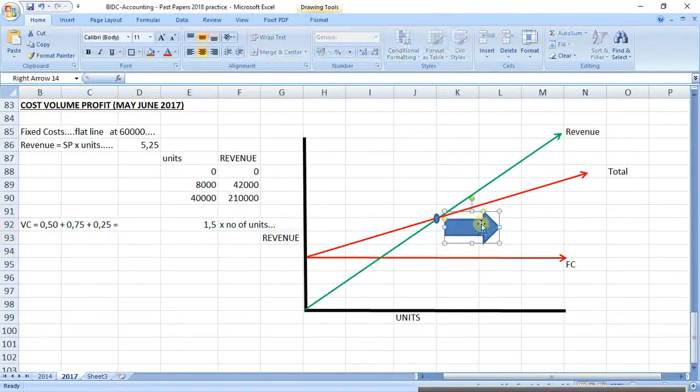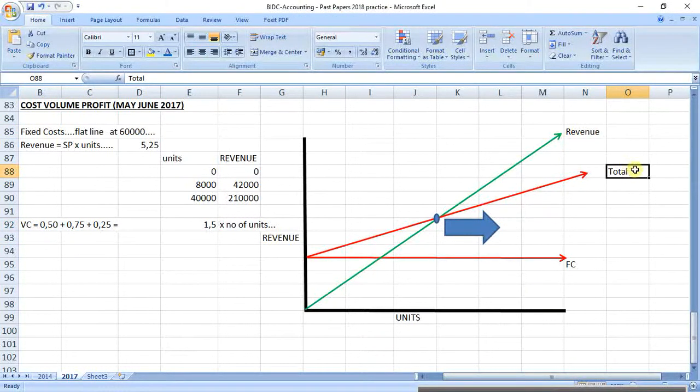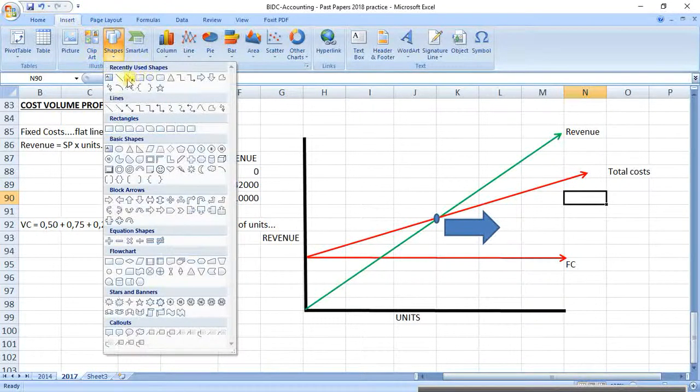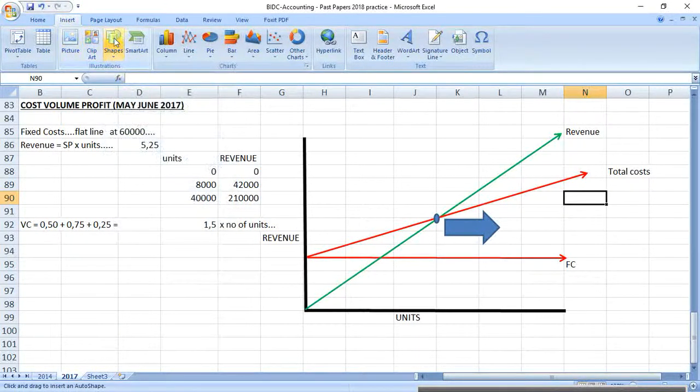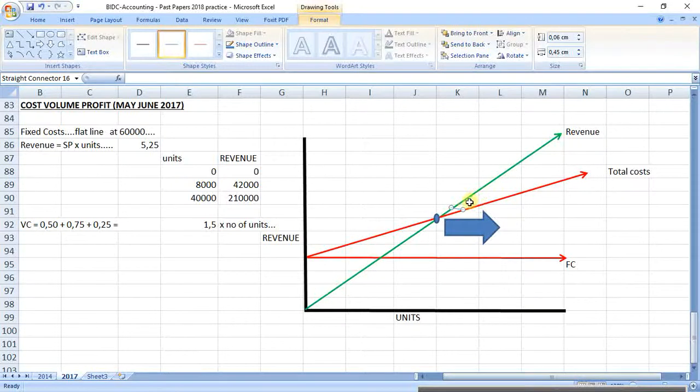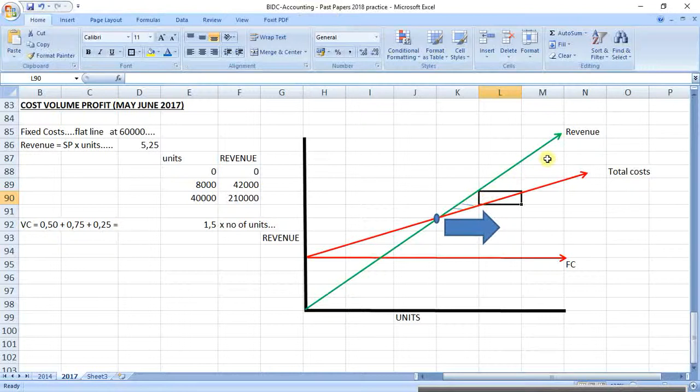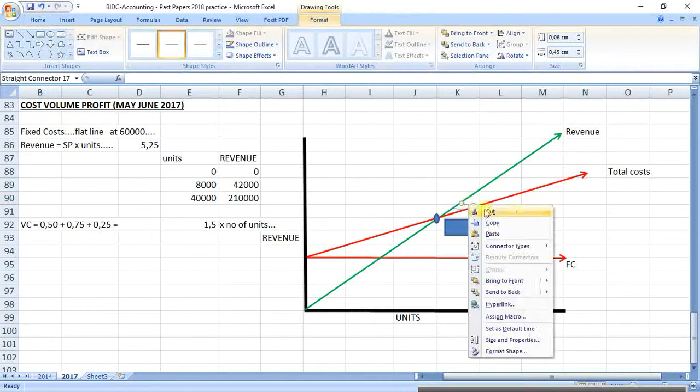So profit is where revenue is greater than total costs. So you'd be highlighting this area, where revenue is greater than total cost. Yes. So this area over here. Let me highlight it. Yeah, this you need to shade in, the lines between this point. This triangle, that shape. Just the triangle. Yes, just the triangle.